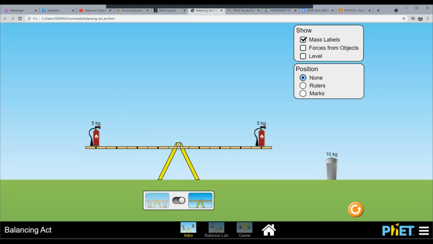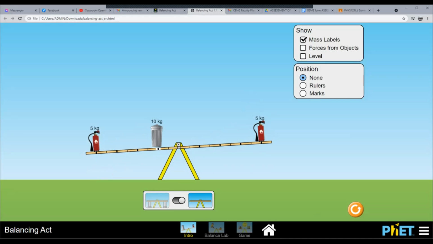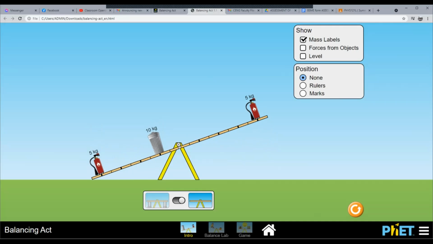what we talk about as balancing act. However, if there is an unbalanced force and there is an additional load, say for example, you place this in any portion, that would create an unbalanced condition, and you would notice that this portion of the 5 kilogram on the right side of the fulcrum moved up. Let's see what would happen if we place the 10 kilogram on this side.